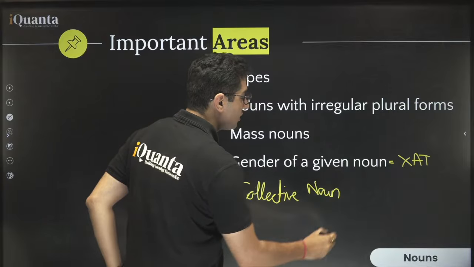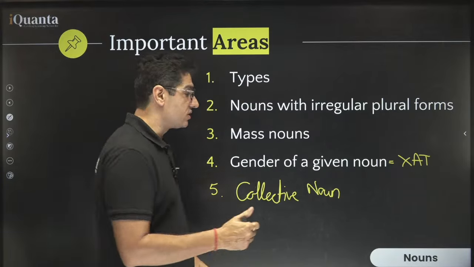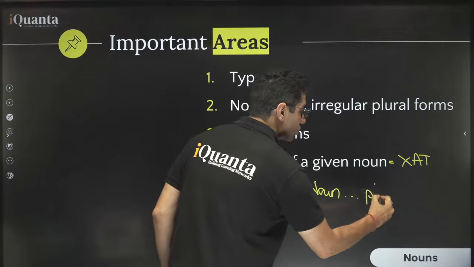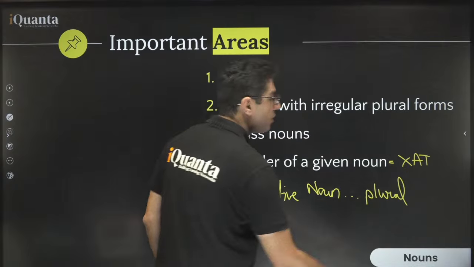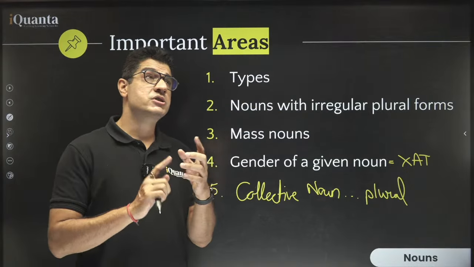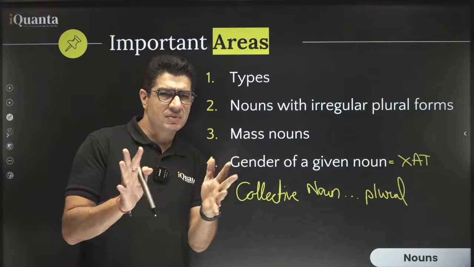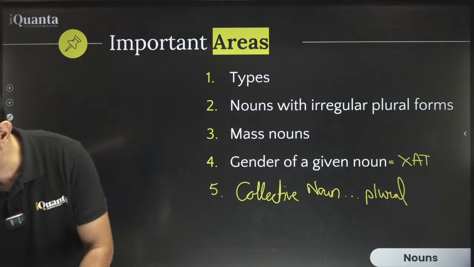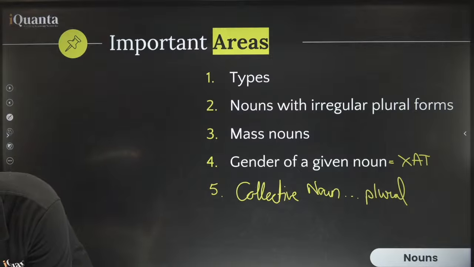These are countable, but then there are some situations where the base forms of the collective nouns are also treated as plural. So what those situations are, and mastering the underlying area, those are the kind of things that you would ideally want to be well versed with, well aware of, so that you can go ahead and conquer it.